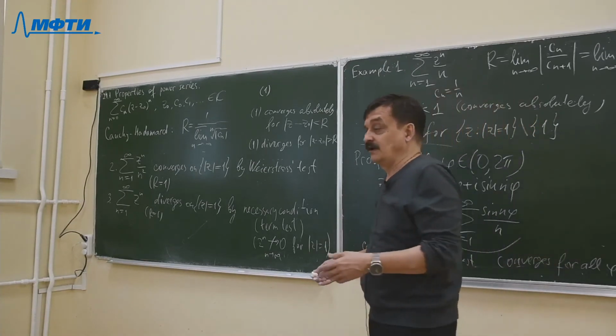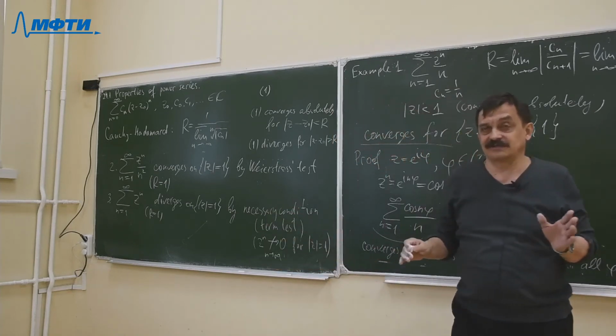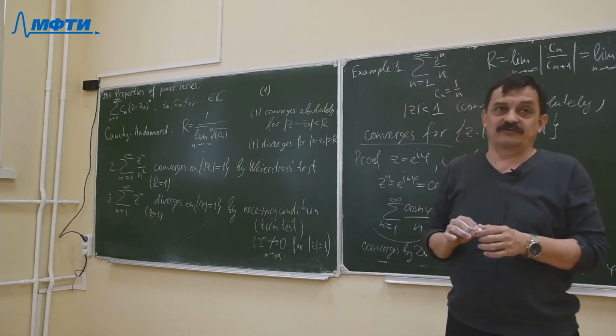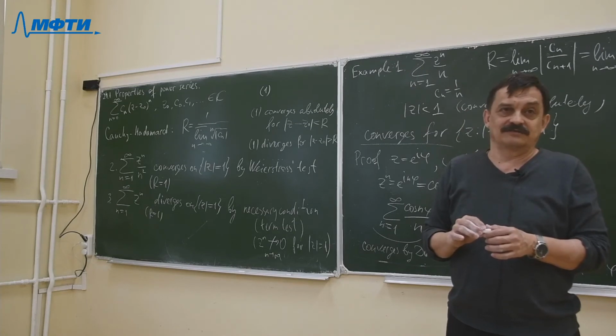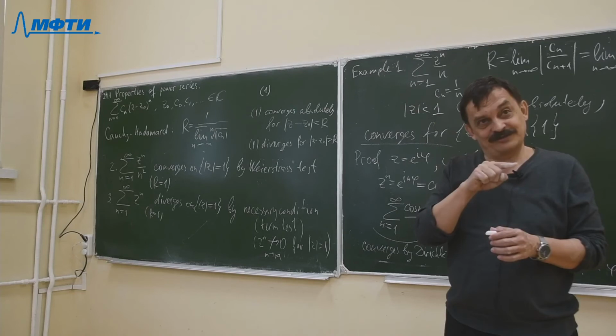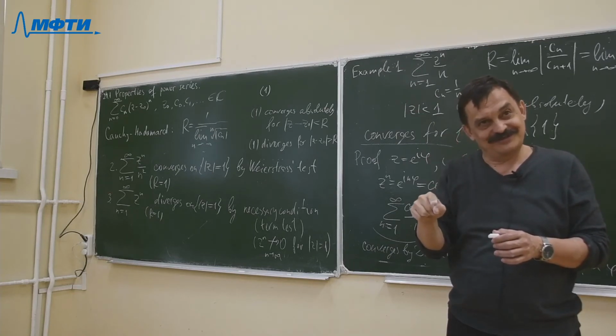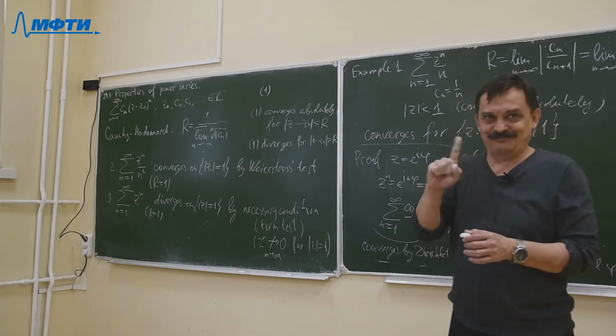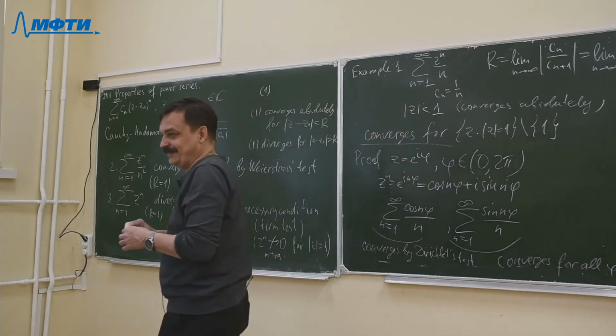That's it. Of course, there is an essentially more difficult question, to describe the sets on the unit circle where a power series may converge and may not. That is an essentially more complicated problem. Okay.